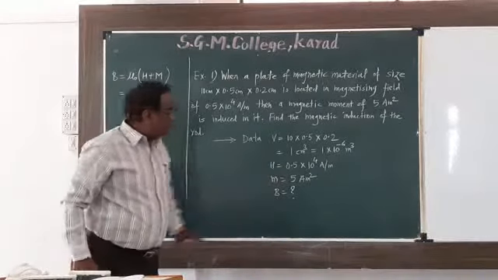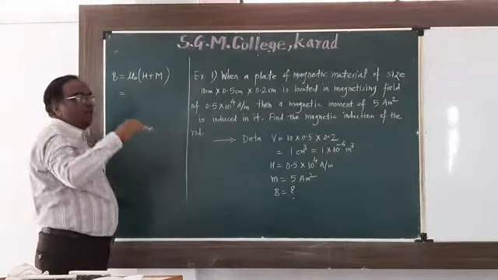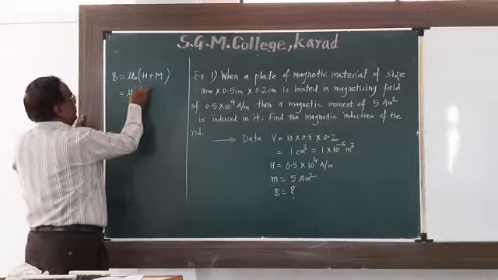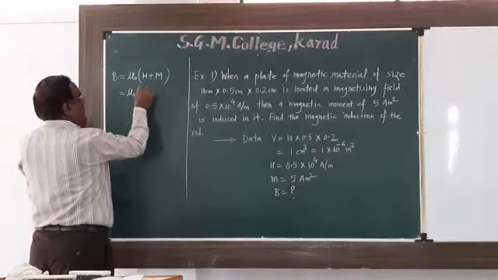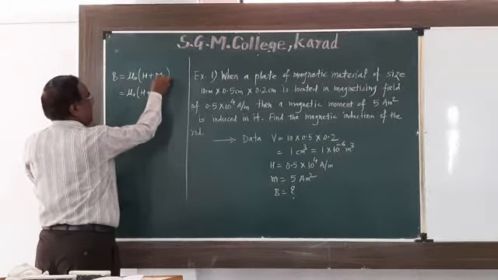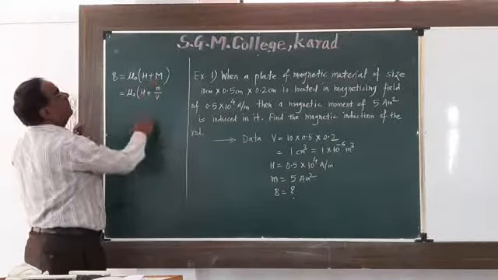H is given. Magnetization means magnetic moment per volume. We can write this equation as B = μ0 (H + m/V), where capital M is small m upon V.